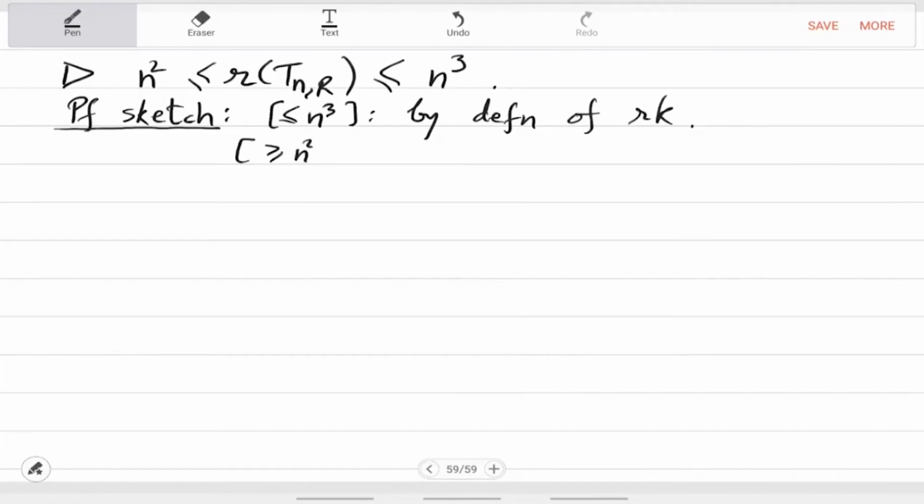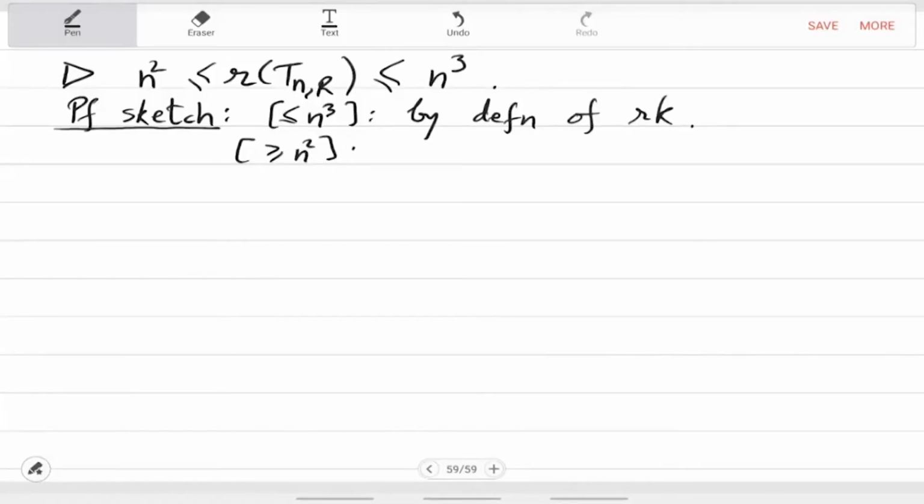Greater than or equal to n square you can show this way: if you can express T as a sum of only n square, or let's say n square minus 1, many Li, Mi, Ni, then you can make all these products 0 by fixing the variables, while the tensor will not be 0.